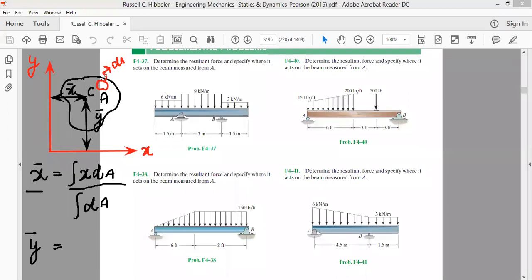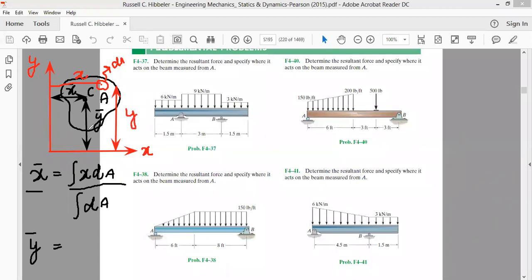This dA is very small, such that the center of this dA is at a distance x from the y-axis, and at a distance y from the x-axis.